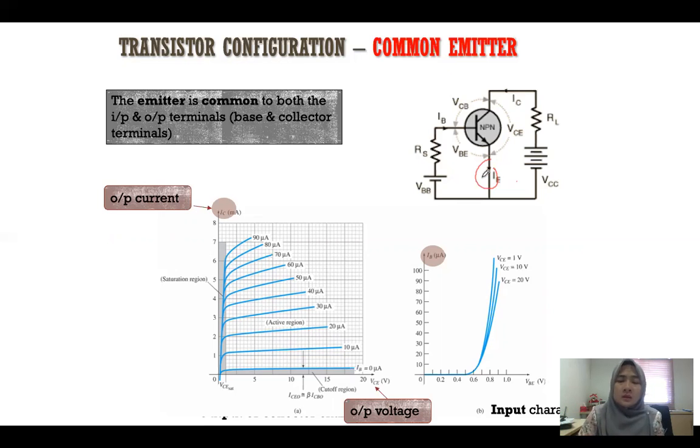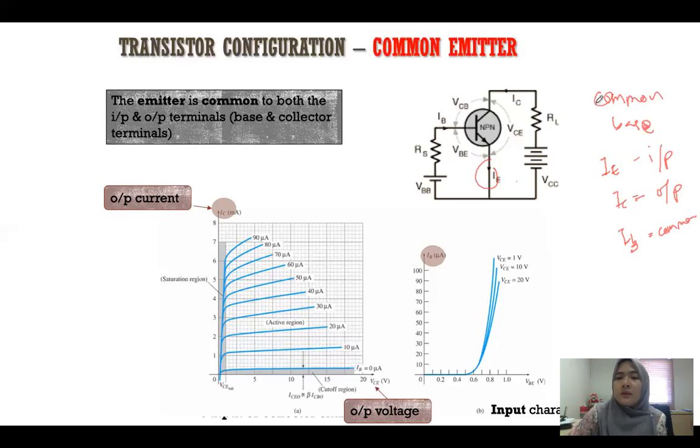For common base, which we already learned before, IE is the input, IC is the output, IB is the common.